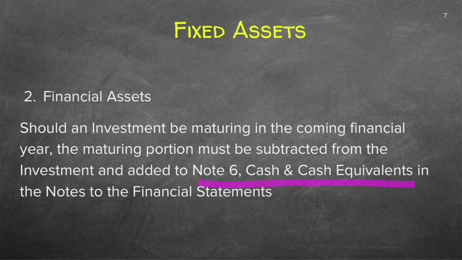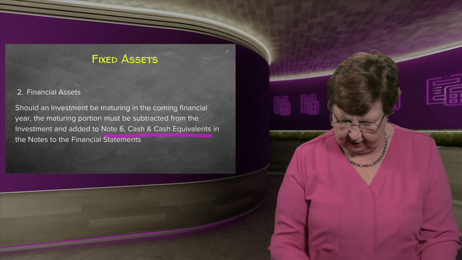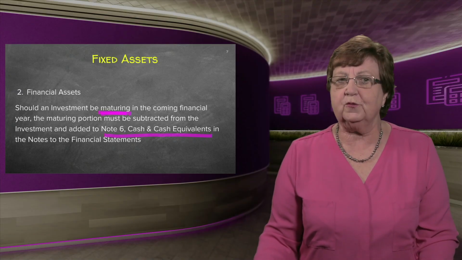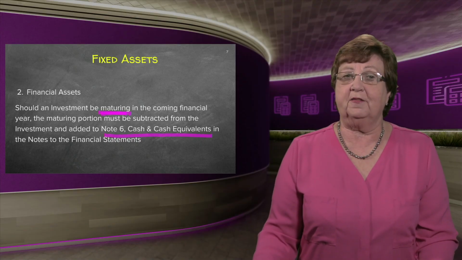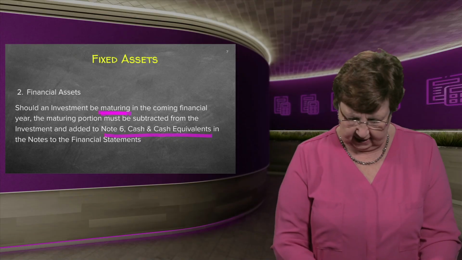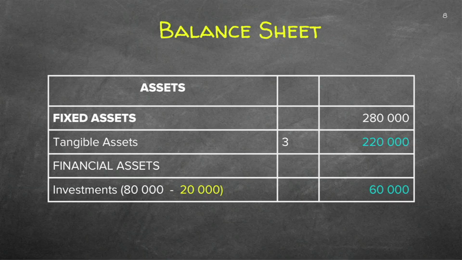The part of the financial asset or the investment that is maturing has to be converted or subtracted from the fixed asset of an investment and converted into a current asset. And you'll remember that a current asset is an asset which changes within 12 months. So let's have a look.